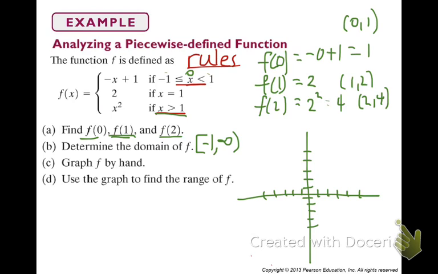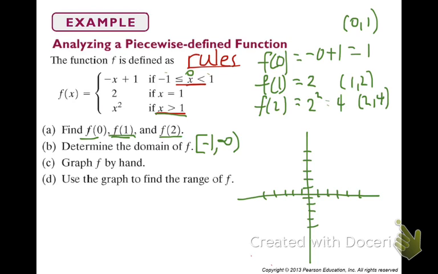We're going to start with our line of negative x plus 1. So that's a y-intercept of 1. Is the 1 included?